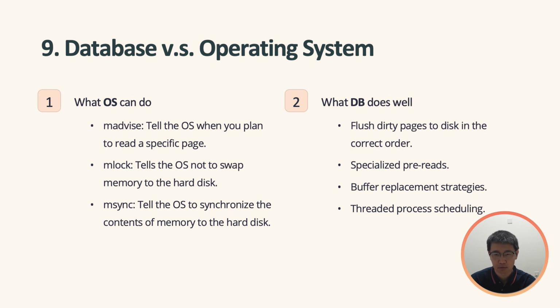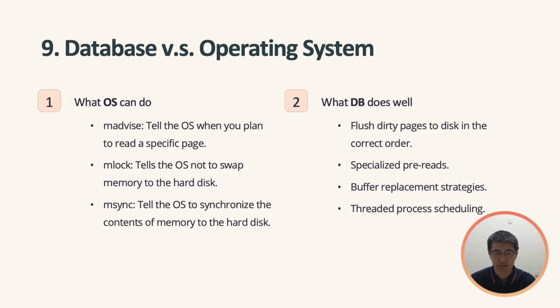For example, the OS is good at correctly ordering these pages or flushing pages to the hard disk. The OS can do some specialized prefetching and replacement strategies in this buffer area. For example, what everyone calls LRU, least recently used related strategies, are very good at what they do.